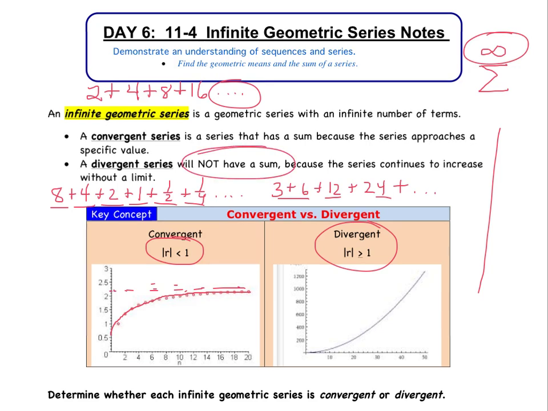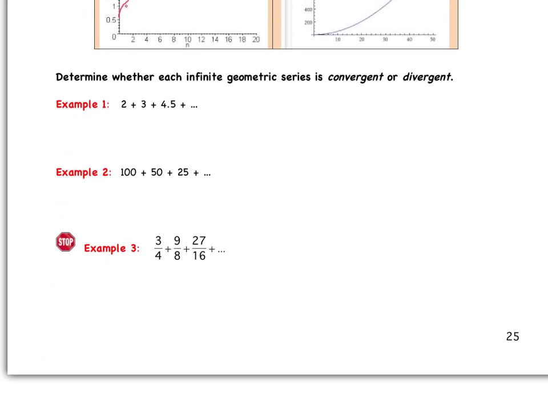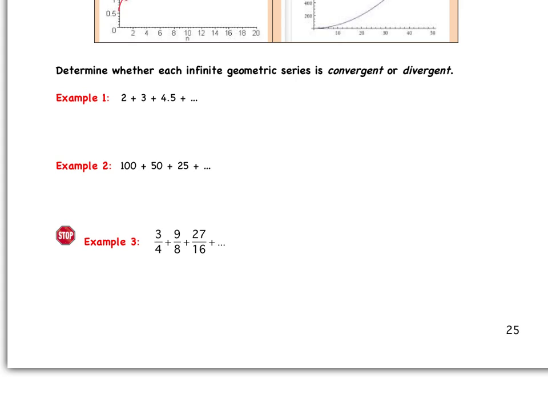All right, let's take a look at an example down here. Our first goal here is to determine whether or not it is convergent or divergent. The reason is because if it's divergent, if it is going away, then there's going to be no sum for the series. But if it's convergent, there will be a sum.